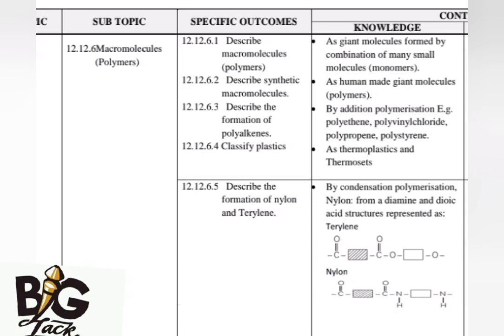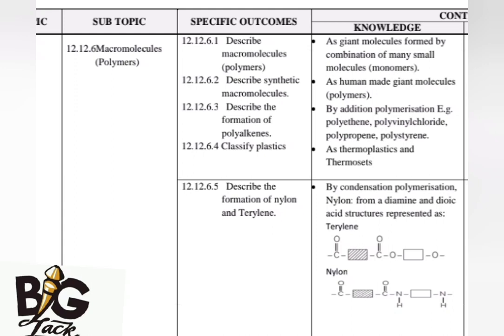Apart from that, you need also to talk of examples of substances that can undergo condensation polymerization. For example, you can talk of nylon and Terylene, and you need to know their linkages.